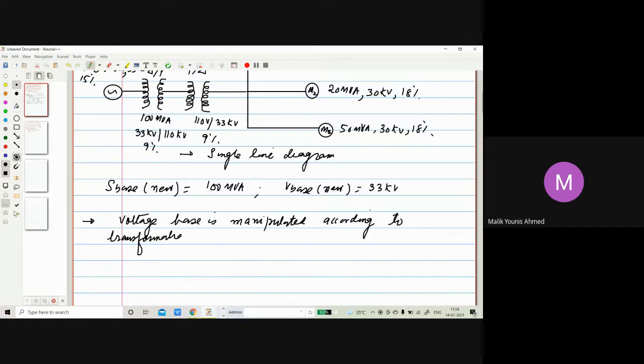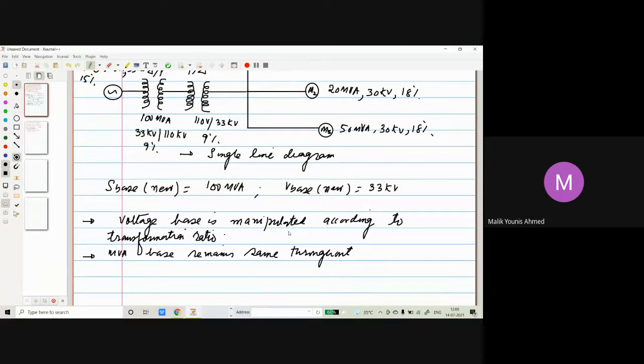So the voltage base will change after it encounters a transformer. Second, I have told you time and again, the MVA base remains the same throughout. The MVA base is not going to change. So these points you have to remember.